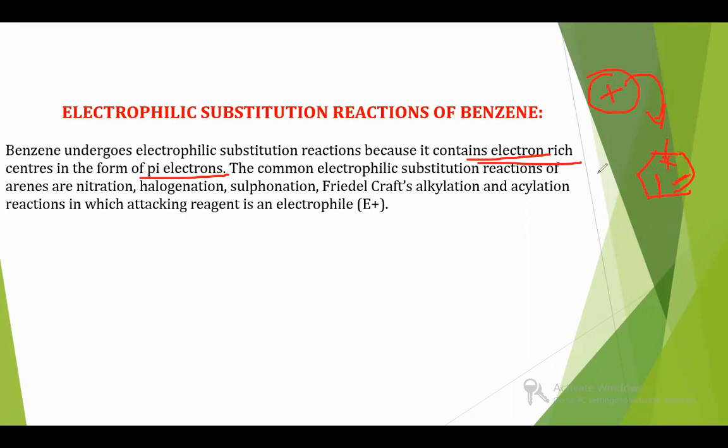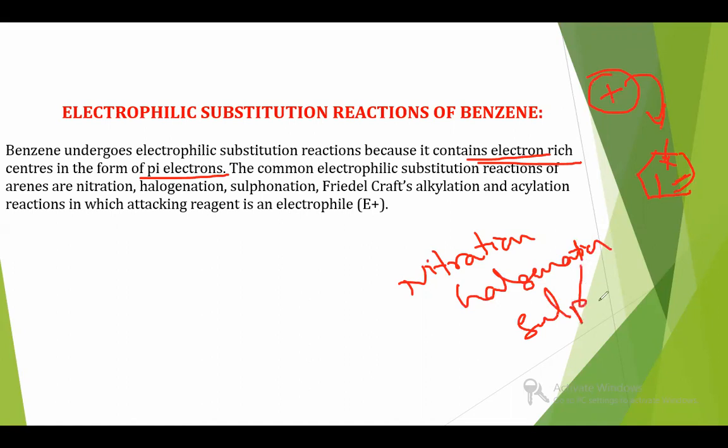The common electrophilic substitution reactions of arenes are nitration, halogenation, sulfonation, and Friedel-Crafts alkylation and acylation.